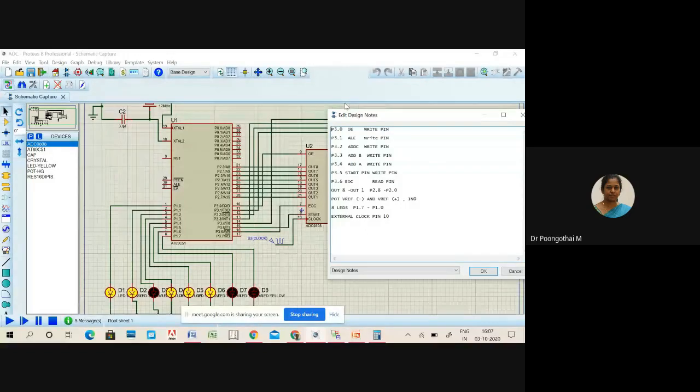And external clock signal is connected to pin 10. So this is the connection mapping. Please note it down. Otherwise, you cannot follow the coding part.